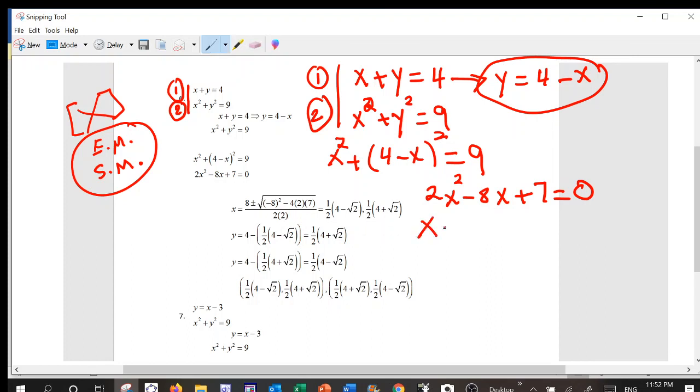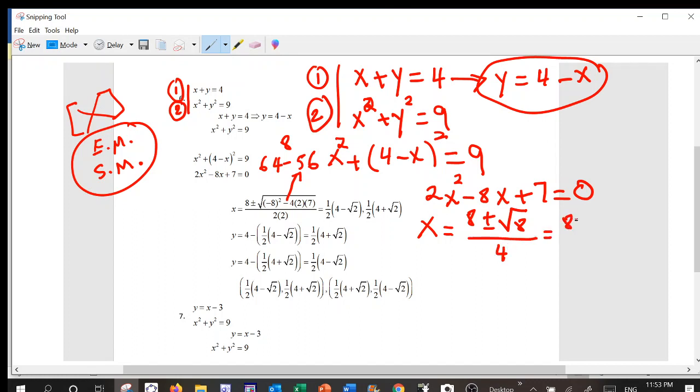So x is going to be, well, you have it here, so I don't want to rewrite it. Eventually, inside the radical, that's 64 minus 4 times 8, 4 times 2 is 8, times 56? And 64 minus 56 is what? 8. So that's the square root of 8, right? So that would be x equals 8 plus and minus square root of 8 over 4, right?